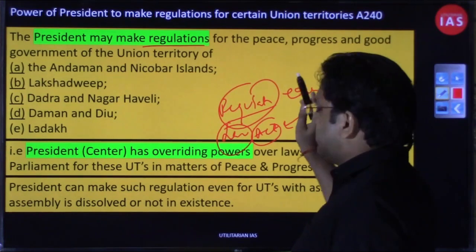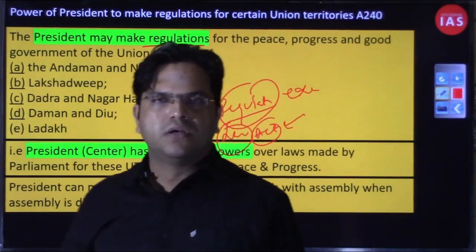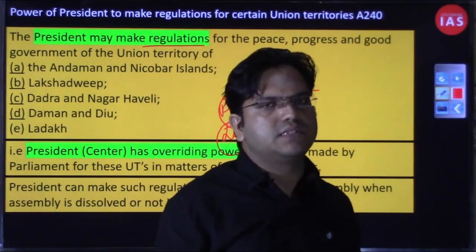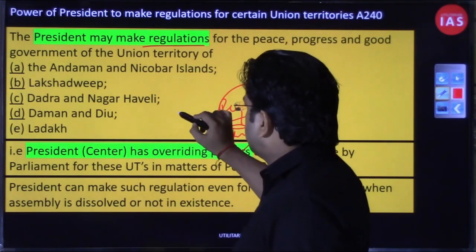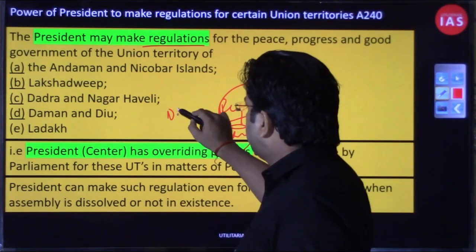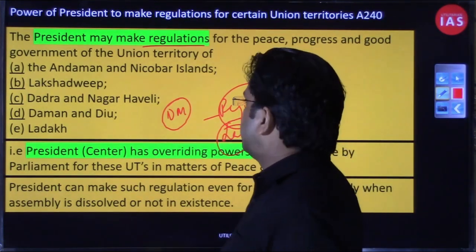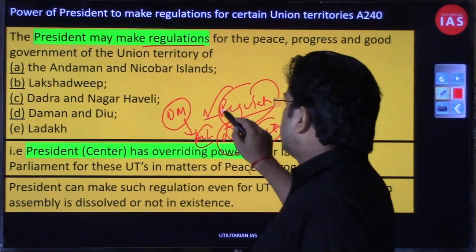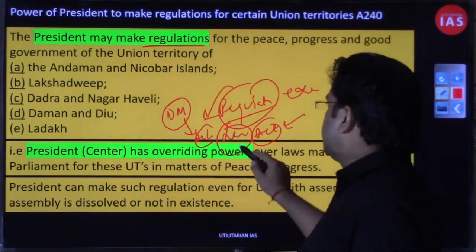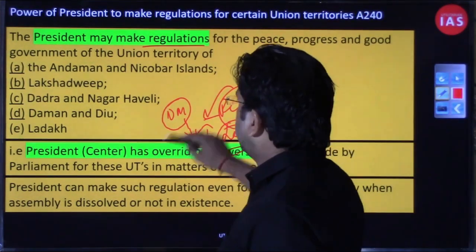It can be issued by the president, the governor or any head of state, or even at the district level by the DMs. It can be called bylaw as well as regulation. So that is the basic difference between law, act and regulation.